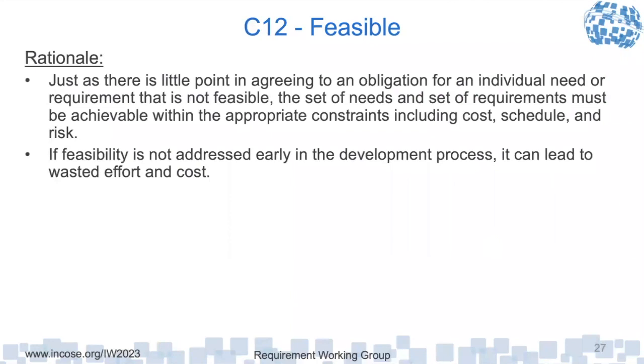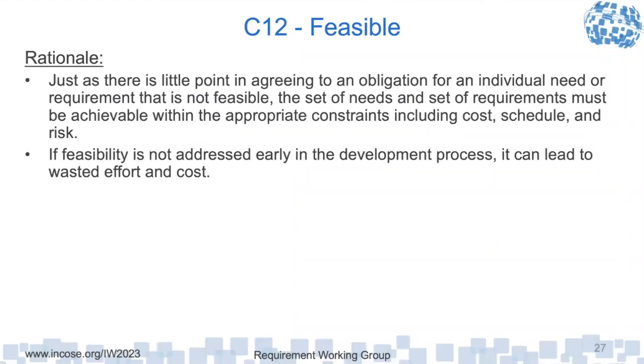Again, it's always bothered me: how do you establish feasibility of a set of requirements if I haven't done the assessment before? That's one reason why we're emphasizing needs. We've got to get stakeholders aligned on the needs and make sure what they say they need is feasible. Then if we do that analysis, the resultant set of requirements should be feasible.